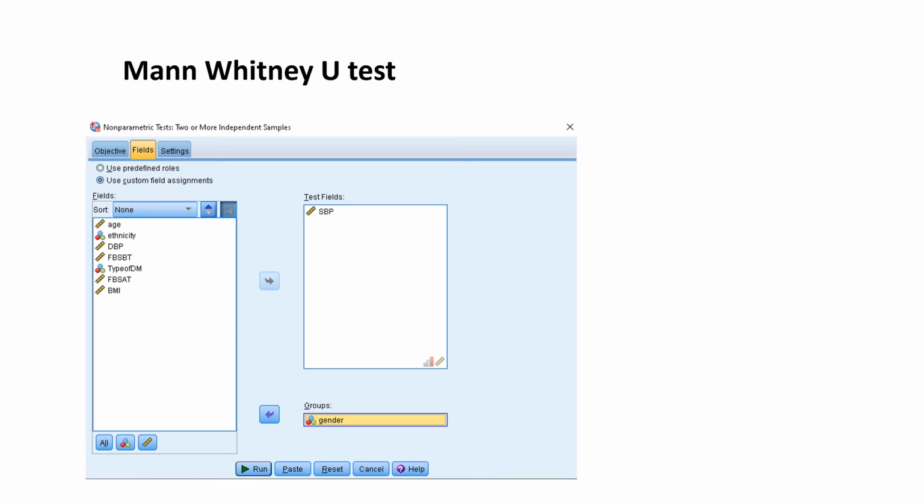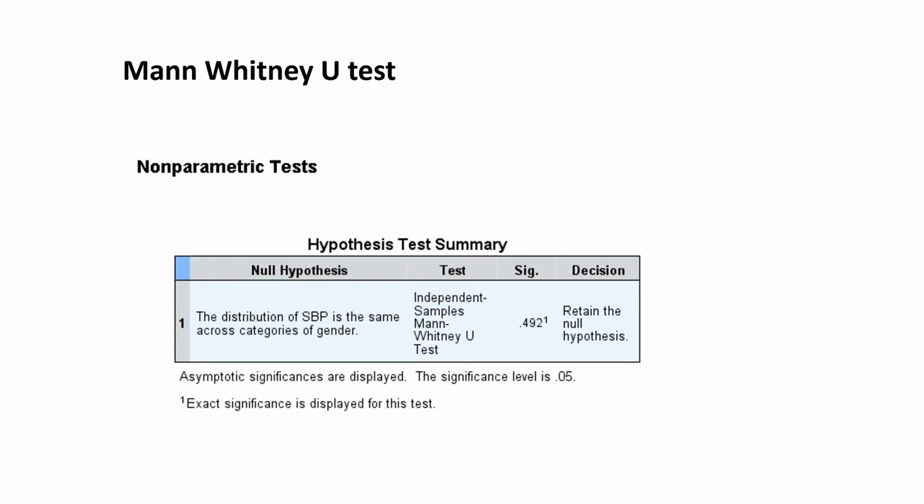Select the field. We are selecting systolic blood pressure and groups as gender, because there are 2 independent groups, right? So it should be gender. Gender has 2 independent groups, male and female. Now you click Run.